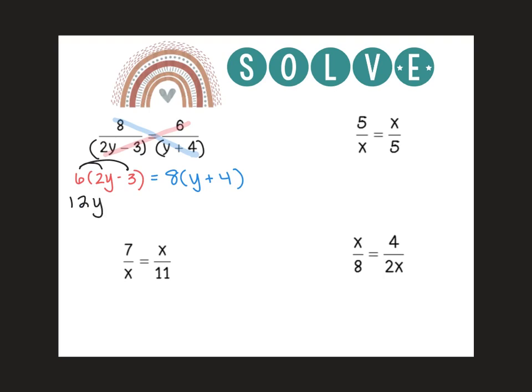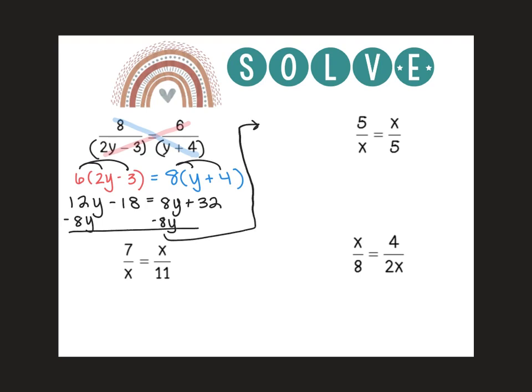So 12y minus 18 equals 8y plus 32. I am going to run out of room because I write too big, so subtract 8y. I'm going to go ahead and write this stuff over here. Sorry about that.